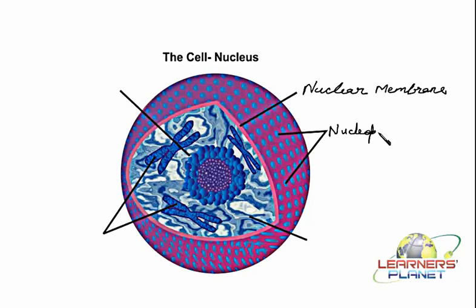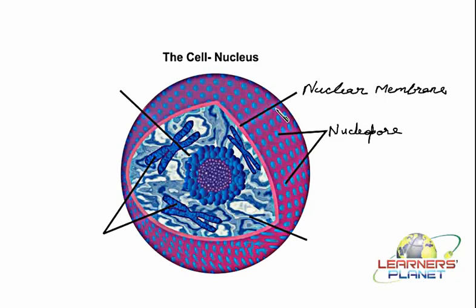So basically what you need to do is either remember those basic properties and label it, or simply remember this picture, and with this picture you can find out the specific region, and if the region is known, the purpose is also clear. This nuclear membrane separates the inner and outer part of the nucleus. That means the matrix, the substance present inside the nucleus, is separated from the cytoplasm by this boundary, the nuclear membrane.